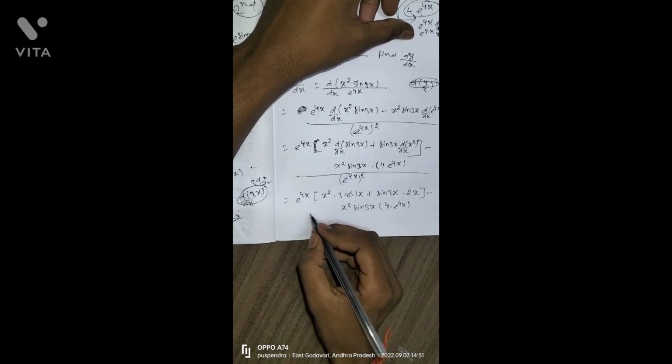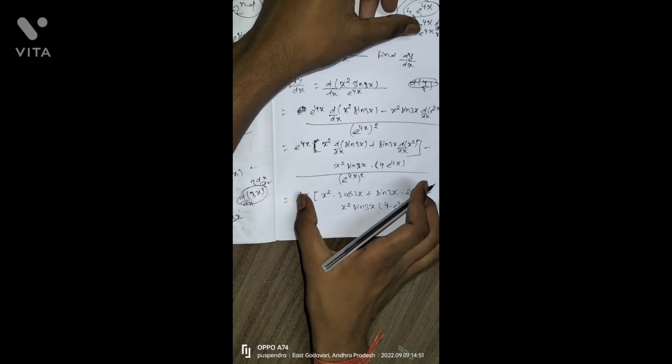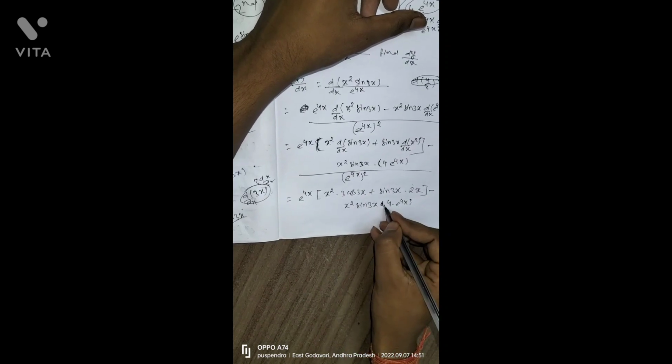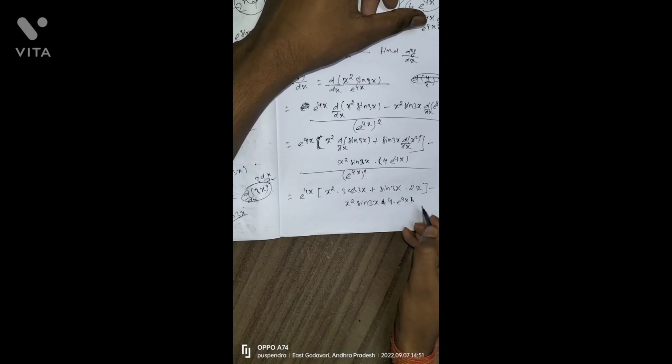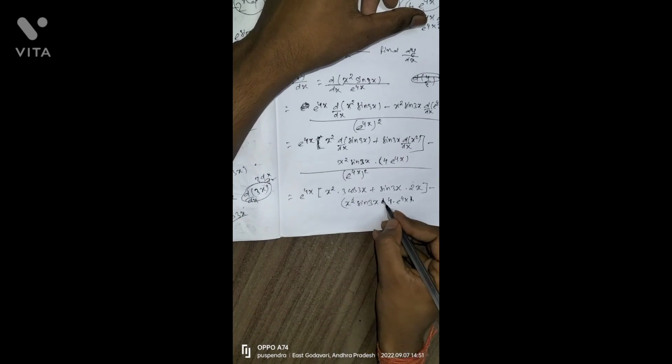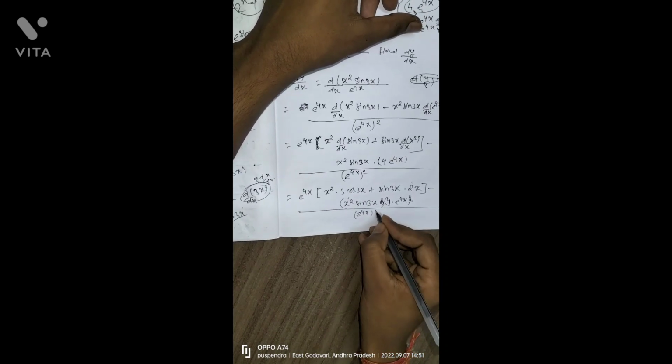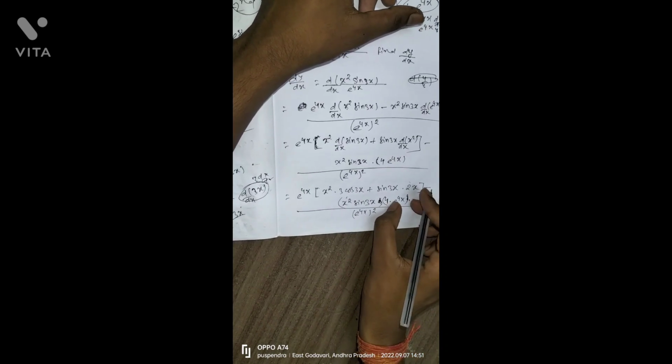Now here you can see e to the power 4x is common here, and e to the power 4x again here, of whole square. So take common e to the power 4x.